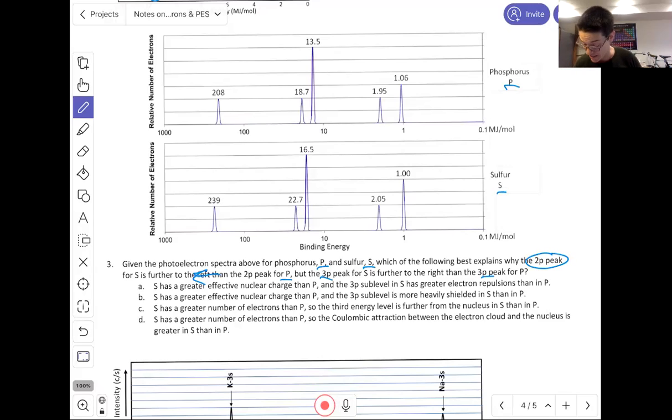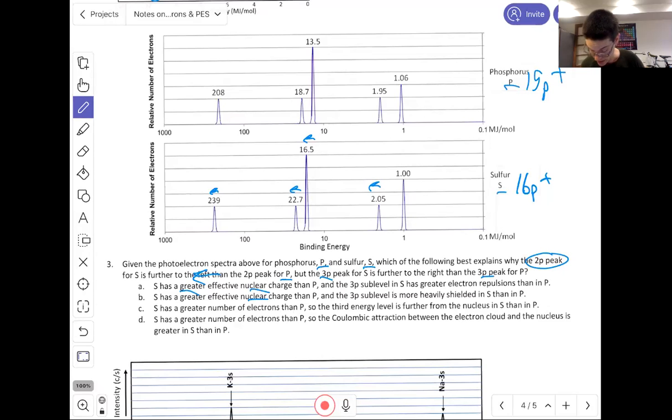Again, sulfur has 16 protons. Phosphorus has 15 protons. So everything for sulfur is shifted slightly left, always because it has a greater nuclear charge.